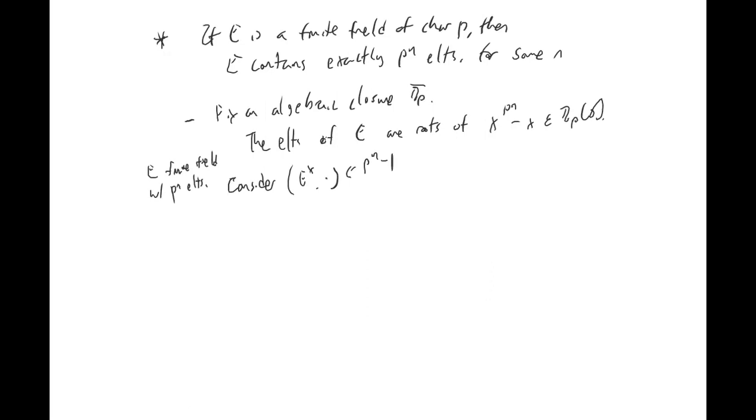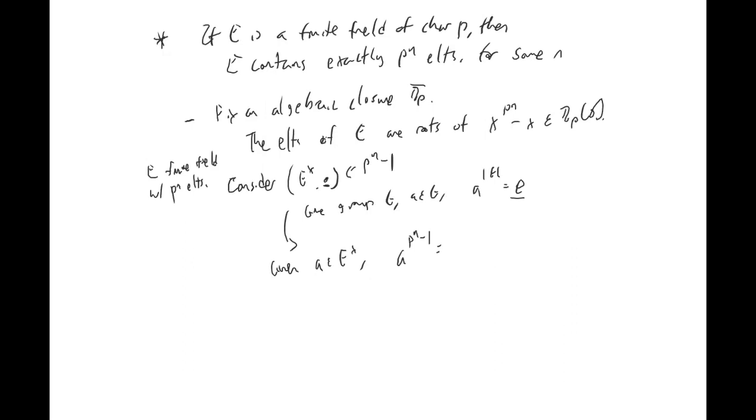And you know that given a group G and a in G, a to the order of the group is the identity. Do you all remember this? This was a consequence of Lagrange's theorem. So similarly here, given a in E cross, basically E without 0, a to the p to the n minus 1 equals the identity.